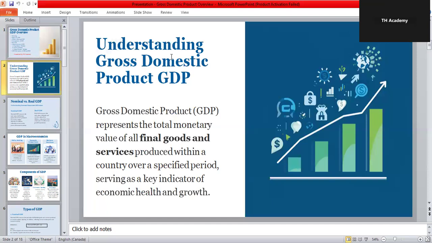So we use GDP to see whether the economy is growing or shrinking. If GDP increases, it usually means people are working, spending and producing more, which is a good sign. But if GDP decreases, it can mean businesses are slowing down or people are spending less. So GDP is just like a report card for a country's economy. It tells us how healthy or unhealthy the economy is.